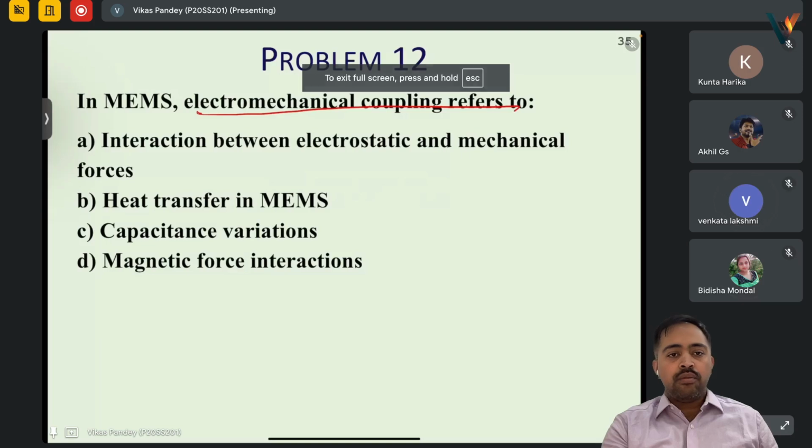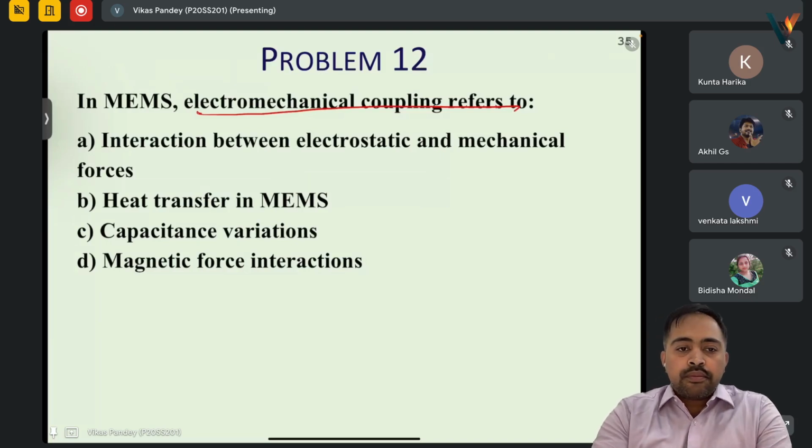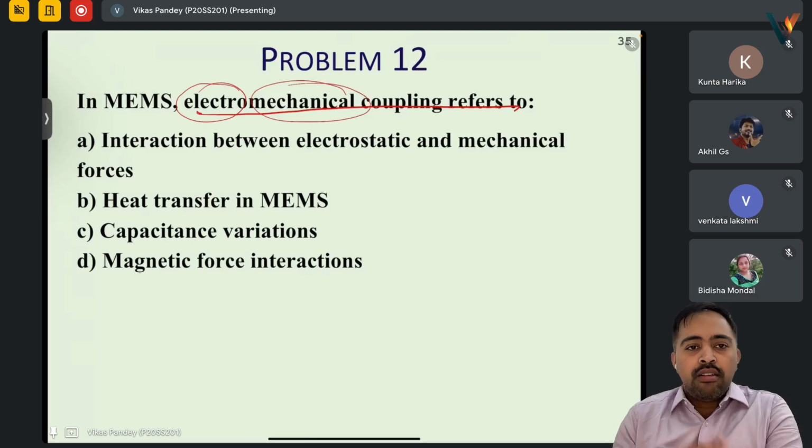So what will be the answer for this? The term itself means electromechanical, electrical and mechanical coupling. So it is interaction between electrostatic and mechanical forces. That means electromechanical coupling.